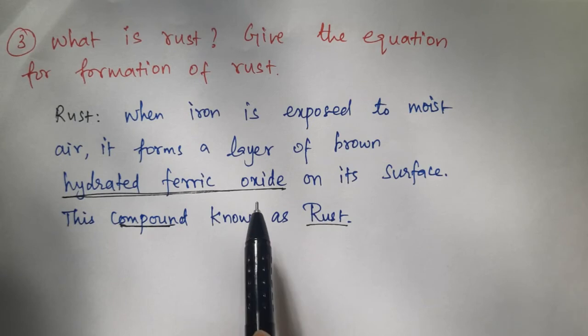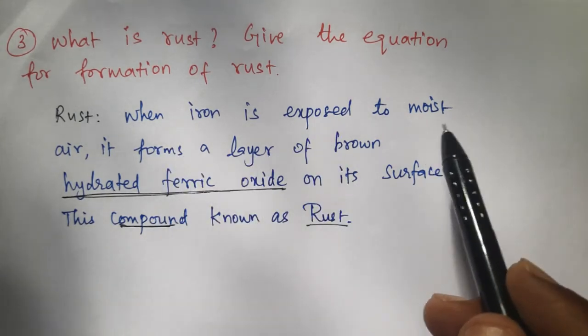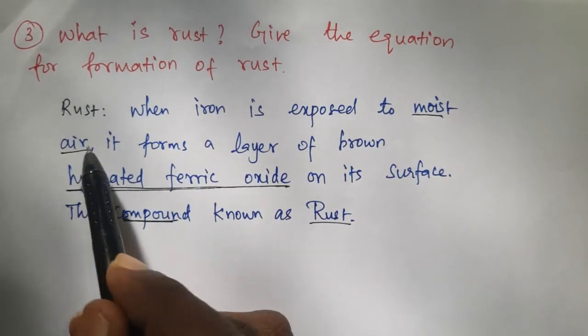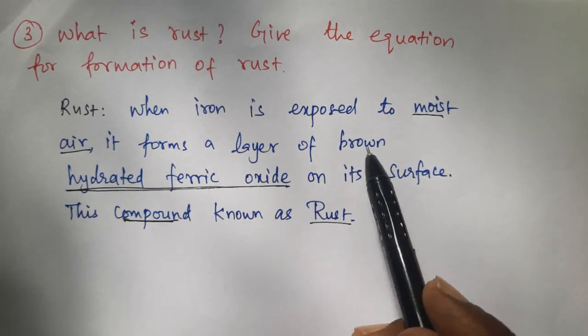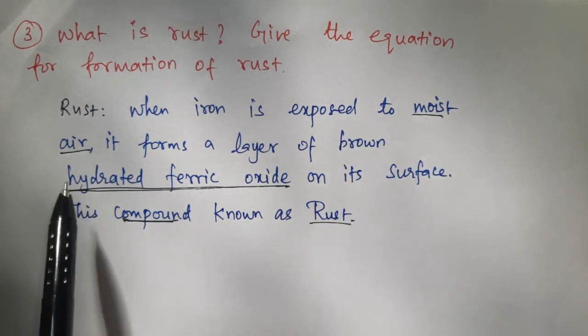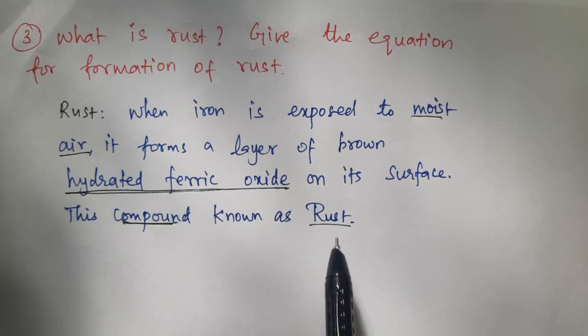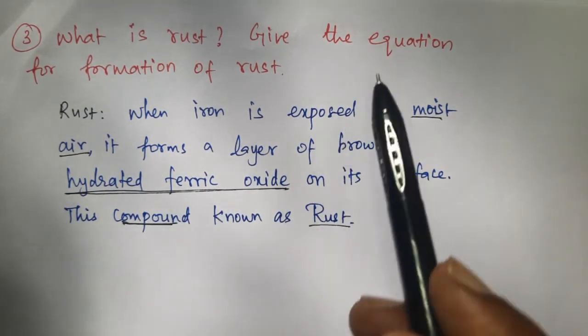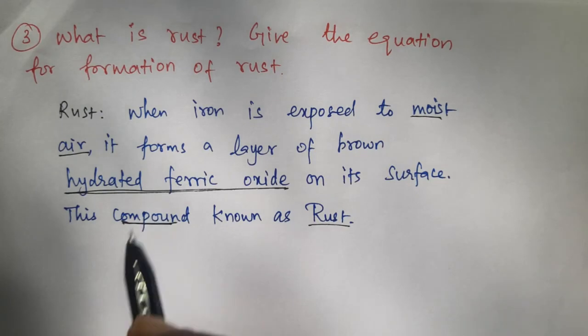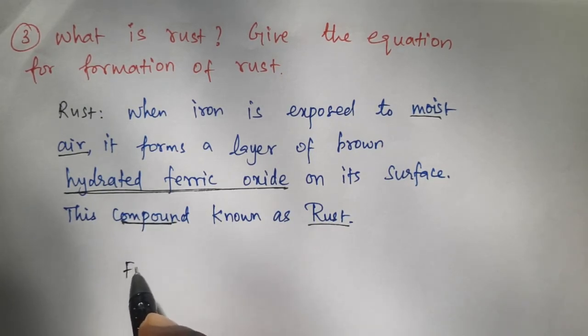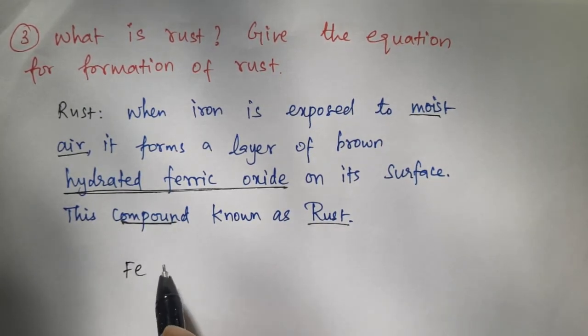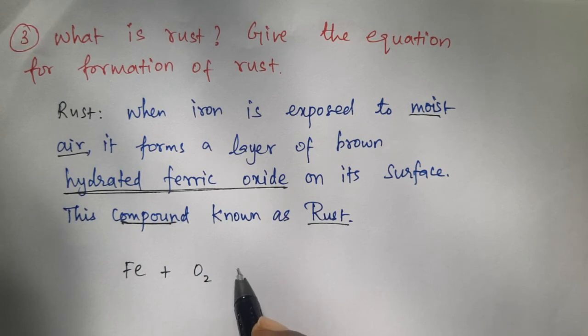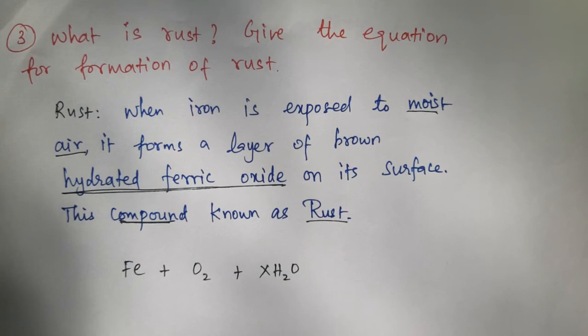So when iron is exposed to moist air, it forms a layer of brown compound, named hydrated ferric oxide, that is rust. Now we can explain in equation. Iron formula or symbol is Fe. It's going to react with oxygen, that is air, and moist. Moist is nothing but moisture, xH2O.